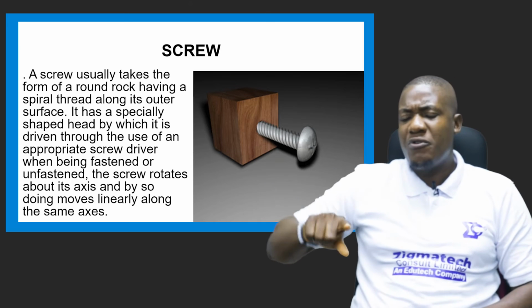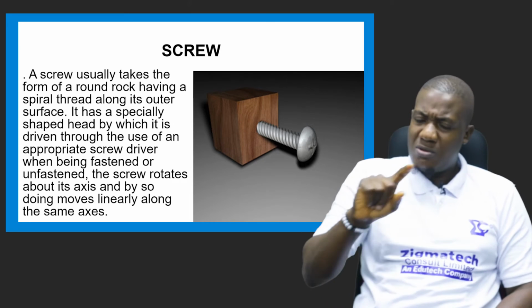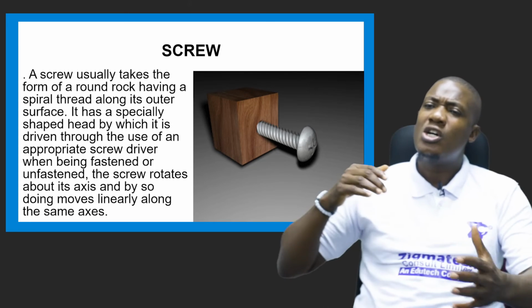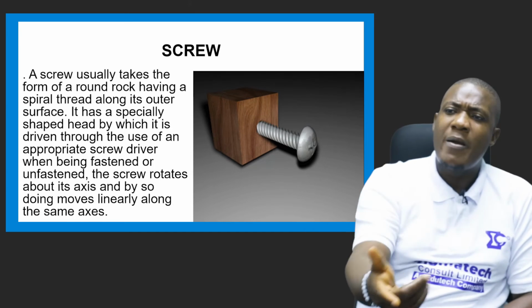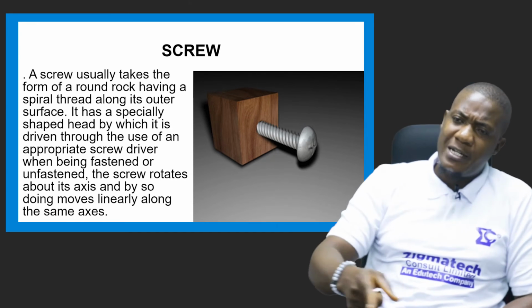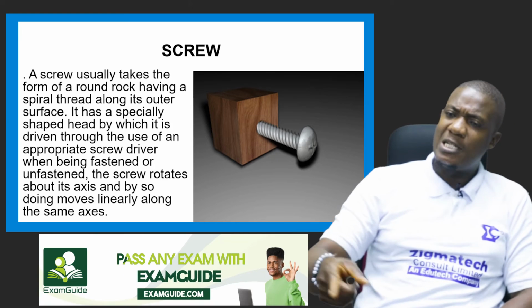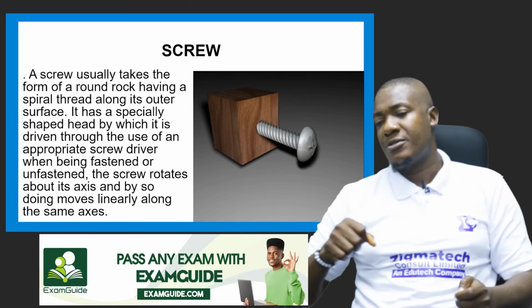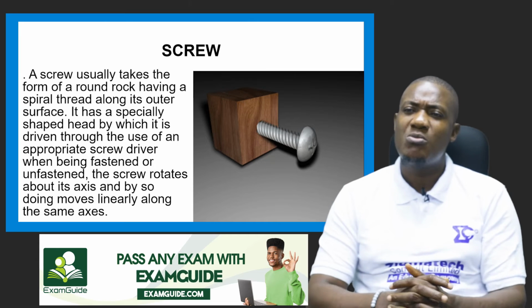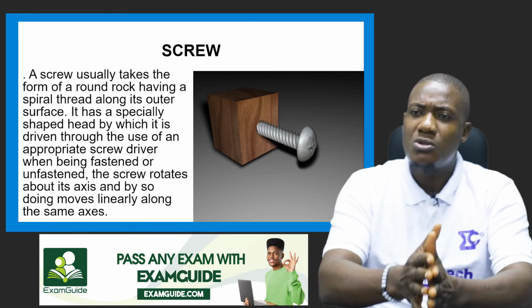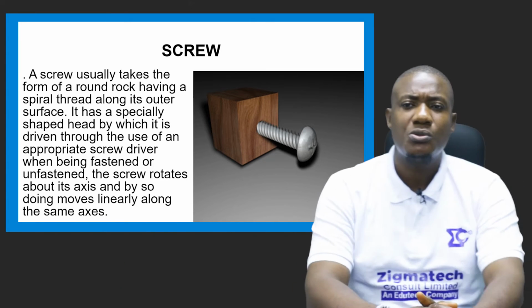If you turn the screw about its axis, the screw goes linearly into the wood. When you turn it in the anti-clockwise direction, it moves out of the wood linearly. That is a way we can convert the rotary motion of the screw into linear motion to use it as a fastener in wood.